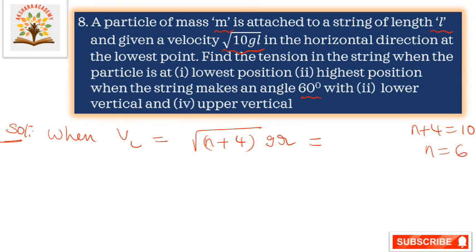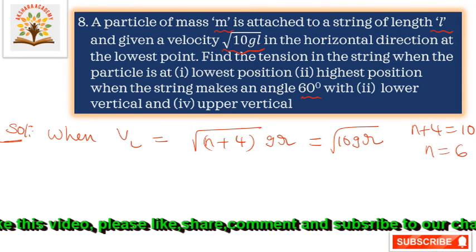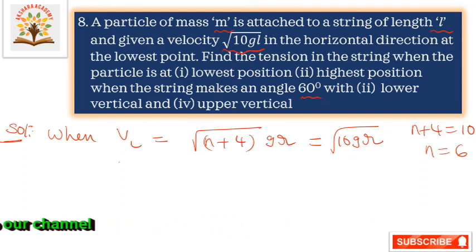So in the place of 10, we write n plus 4, and n is equal to 10 minus 4, which is 6. So from this, n plus 4 is equal to 10 and n is equal to 6.